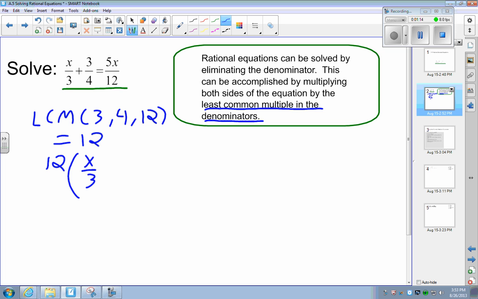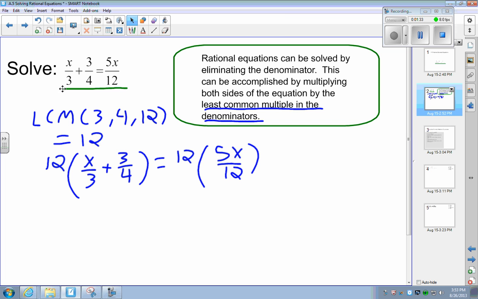12 times x over 3 plus 3 over 4 equals 12 times 5x over 12. All right, let's multiply it in. And right away, one of the things you guys should see is these 12s cancel out.